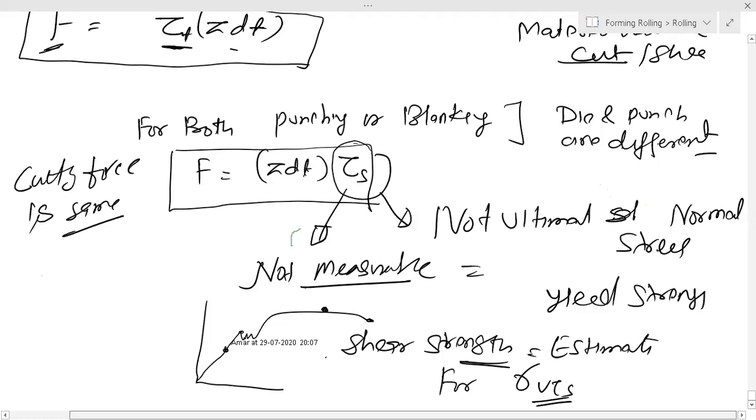In a numerical problem we'll discuss where we will find that tau s. You have to estimate, or it is given in the problem.